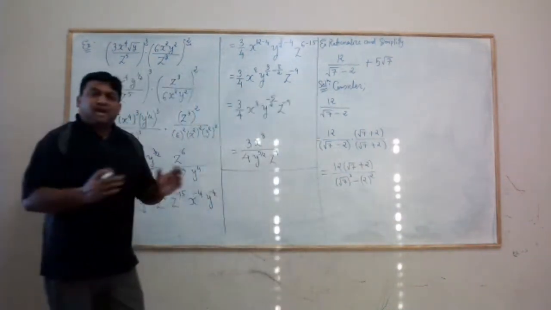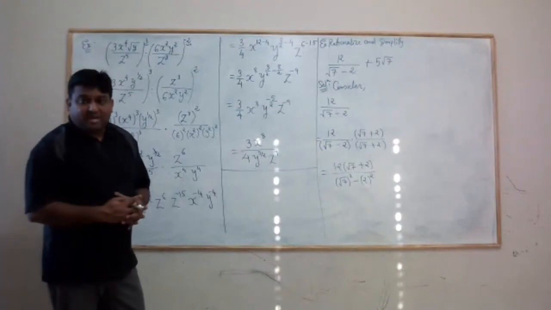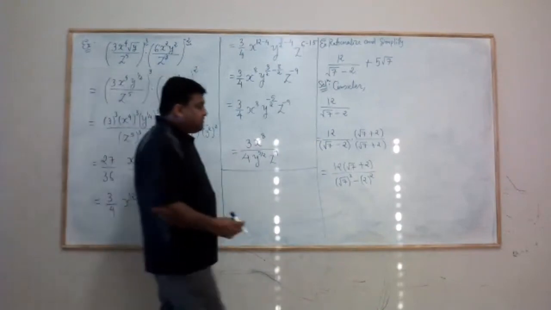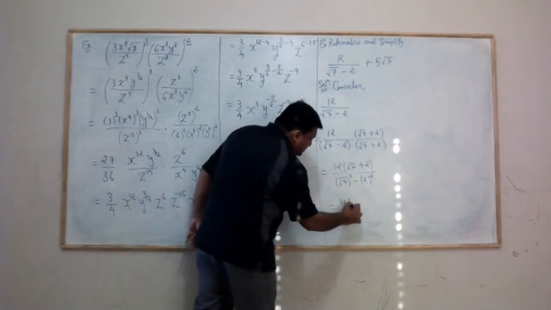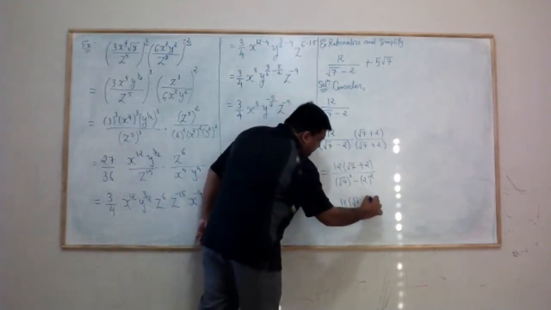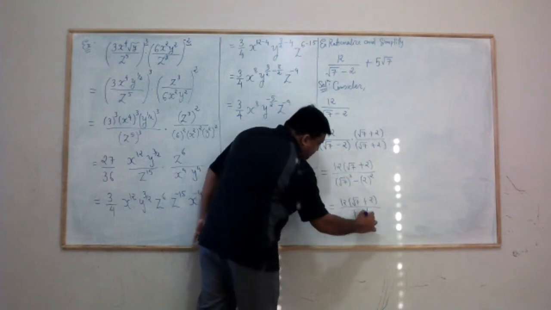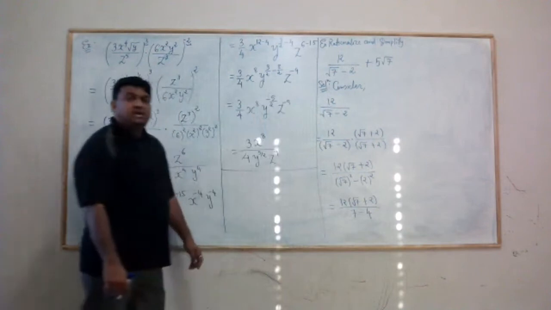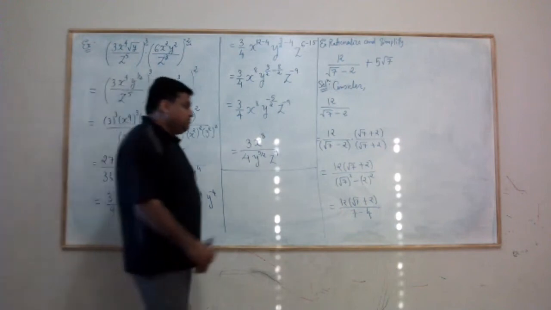So we basically expanded these factors a minus b, a plus b as a square minus b square. As you see, this gives us an opportunity to get rid of the radical symbol from the bottom. Square root 7 squared is 7, 2 squared is 4. Look at that. I get 12 times square root 7 plus 2 divided by 7 minus 4.